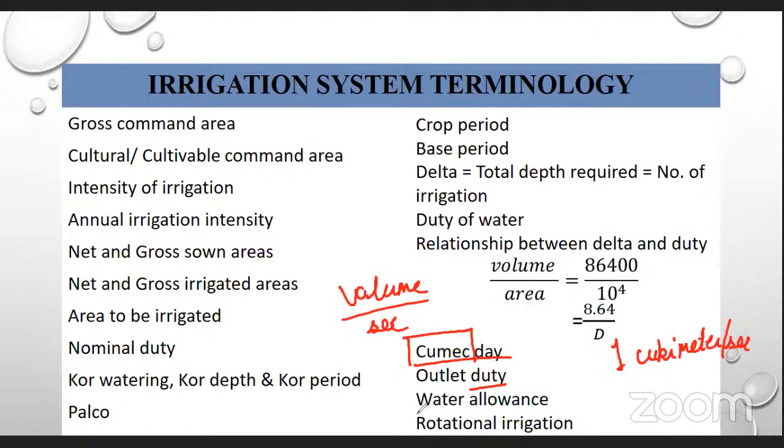Since you have already discussed what the outlet is, at the outlet capacity we have designed such that at this outlet we are getting a certain number of cubic meters per second of water, and the area over there is 1000 hectares. This is fixed. So the water allowance is the outlet capacity per 1000 hectares of culturable command area. In short, you have to learn this also.